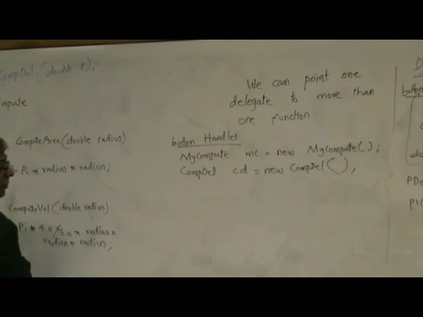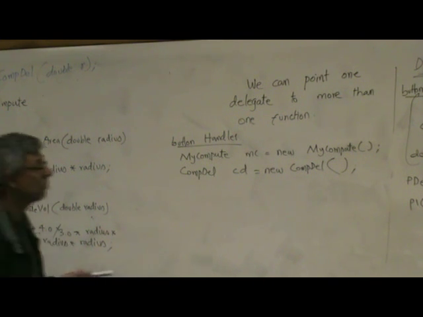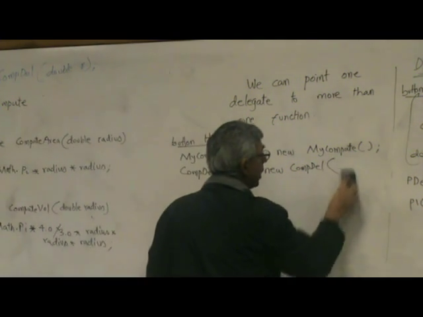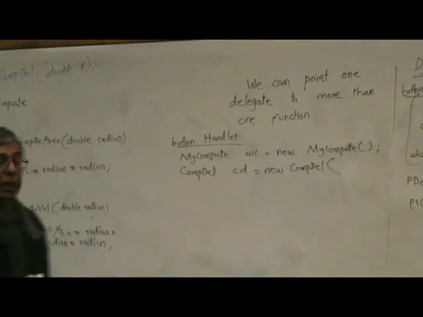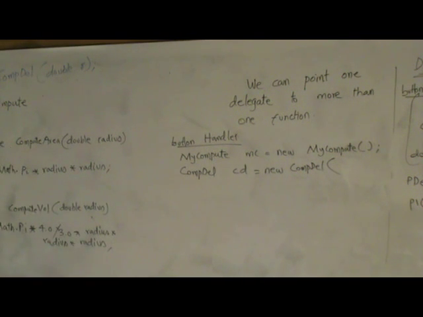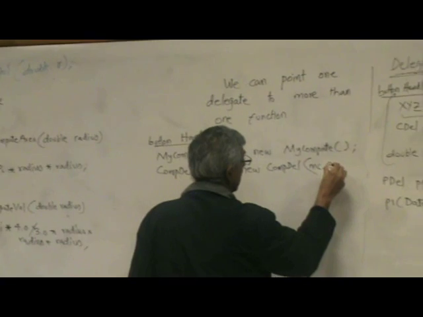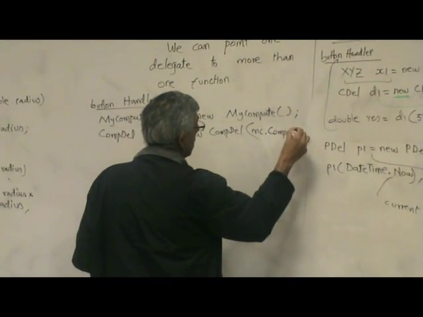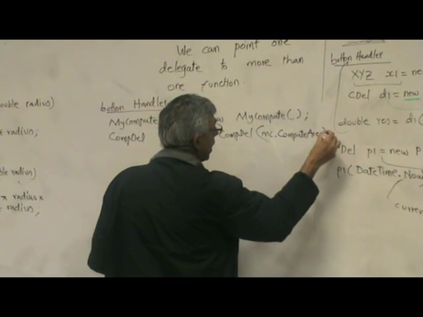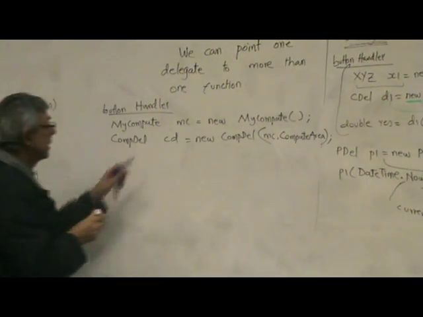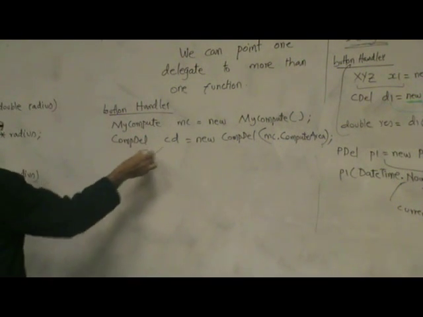No. So if you tried it, you'll see your code won't even compile. So I have to pick one function to point to, right? So let me pick the compute area to point to. So what will I write over here? mc.ComputeArea, correct? So now cd is pointing to it. Everybody agrees?